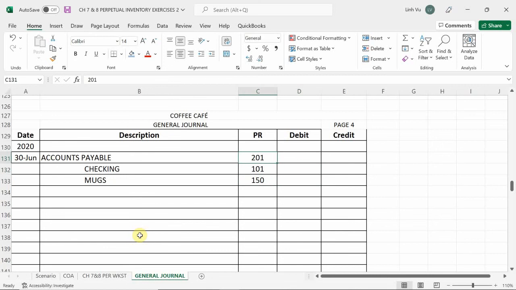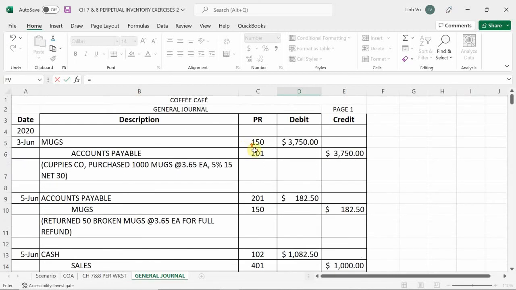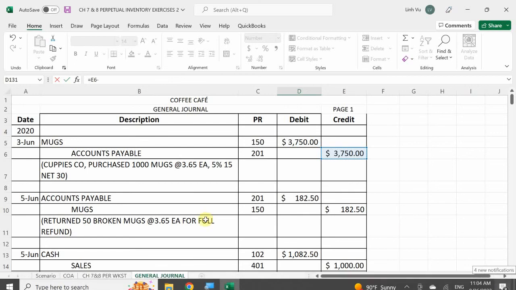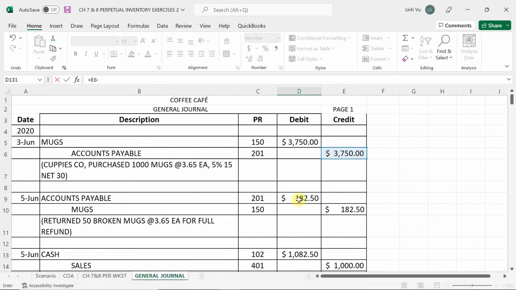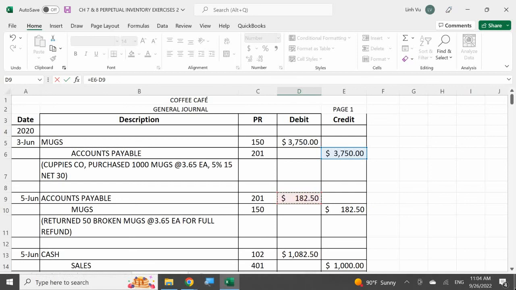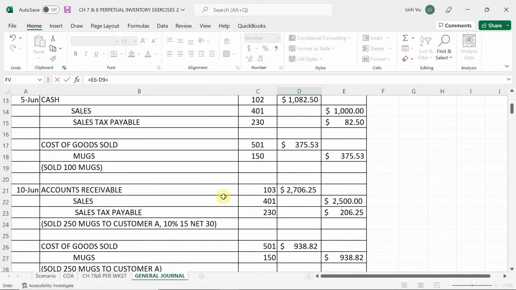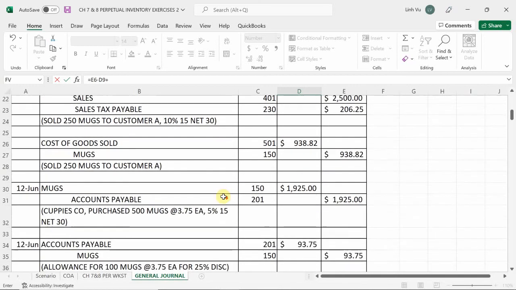So in this case, you're going to be taking it out of your mugs account. Okay, so let's figure out how much we owe in grand total. So we purchased originally on the 3rd of July and we owed $3,750. But then we end up refunding 50 of those units for $182.50. Okay? Then our second batch of inventory we purchased was on the 12th.